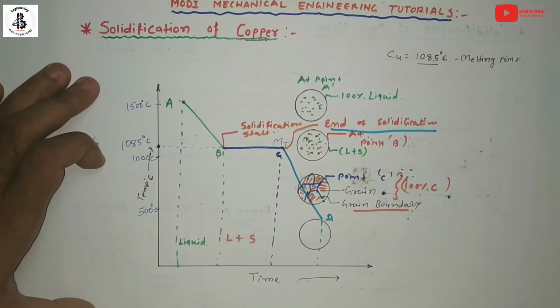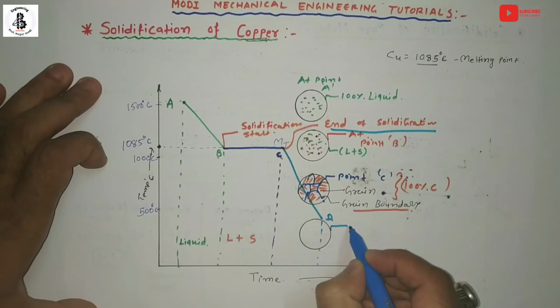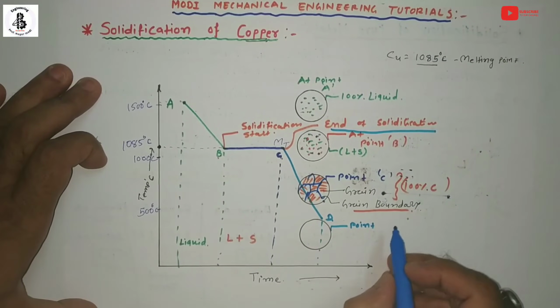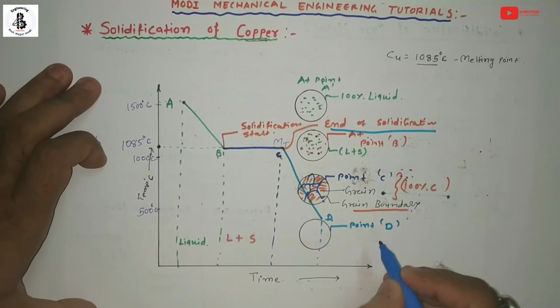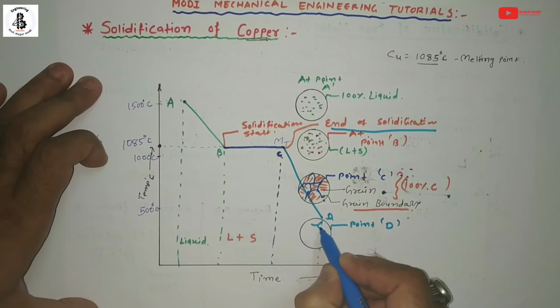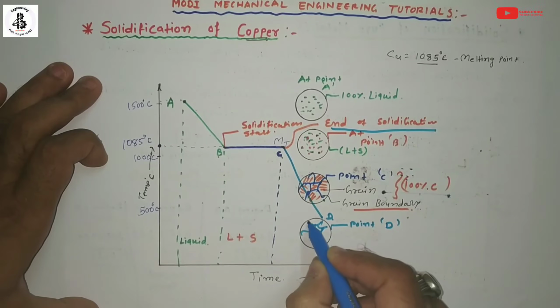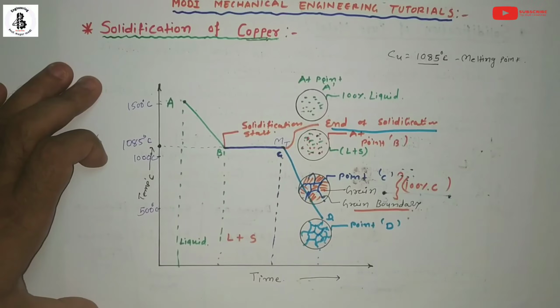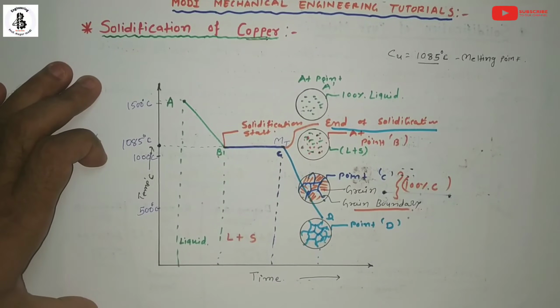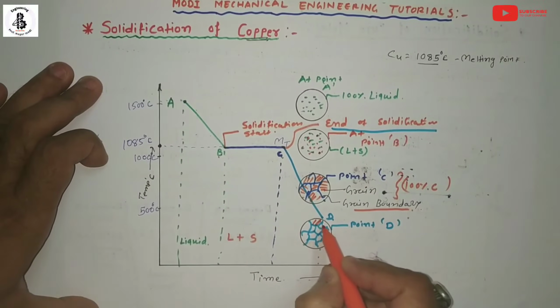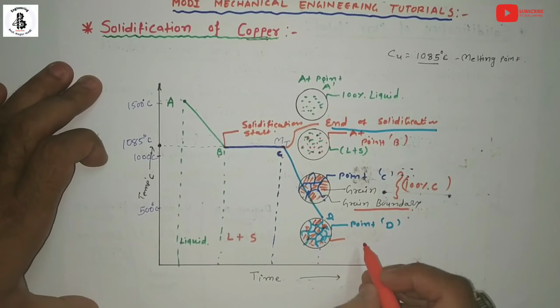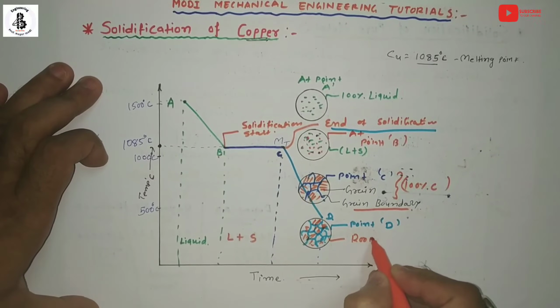The microstructure at point C and point D is quite similar, but there is a rearrangement of the grains and grain boundaries. At point D, or room temperature, it forms a finer structure. That represents the microstructure of copper at point D, or room temperature.